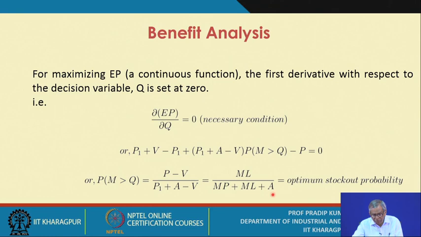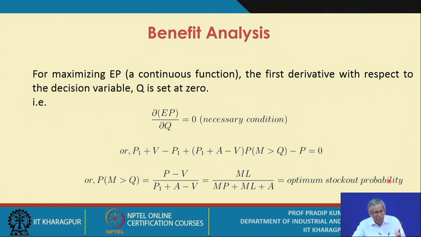changed to this particular ratio, that is ML, marginal loss, divided by marginal profit plus marginal loss plus A. So this is referred to as probability that M is greater than Q. This is basically the stock out probability, and this is the optimum stock out probability. Is it okay?